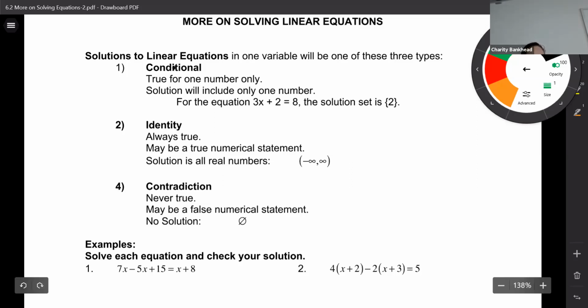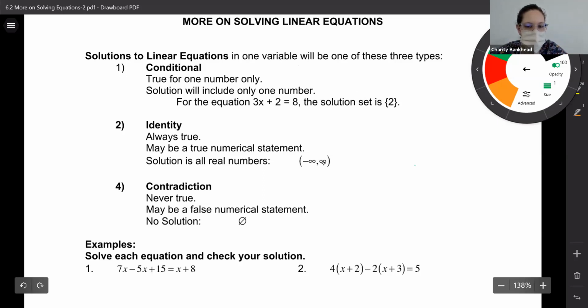If x equals 2 is the solution, then they might write it this way and say the solution set is 2, like a set containing 2. So when you're doing your homework, it might just have the little braces and you just type in the number 2. You don't necessarily type in x equals. So basically what that means is the equation is only true if x is equal to that number.